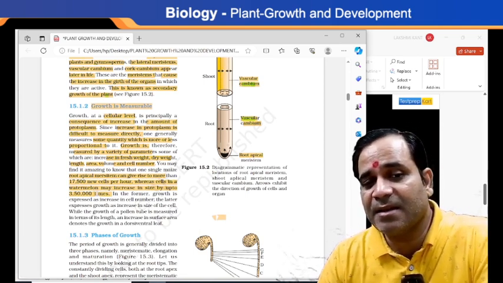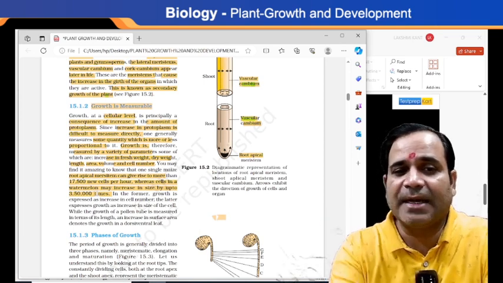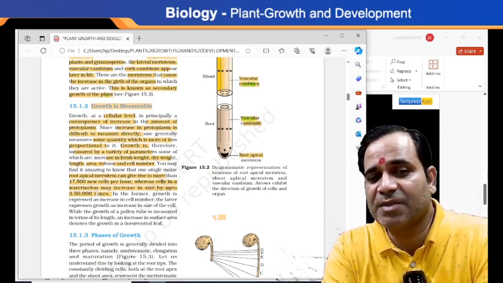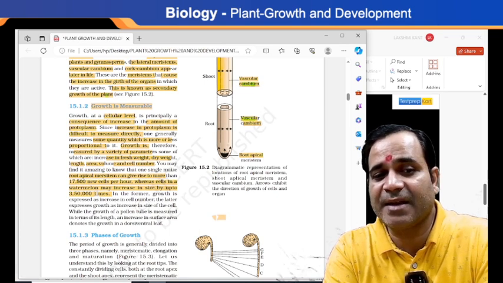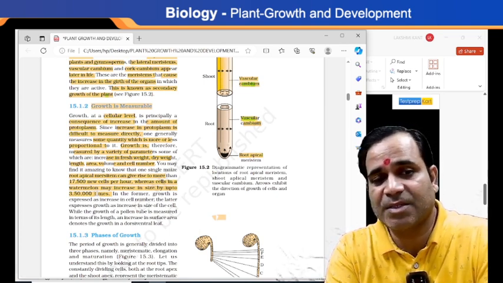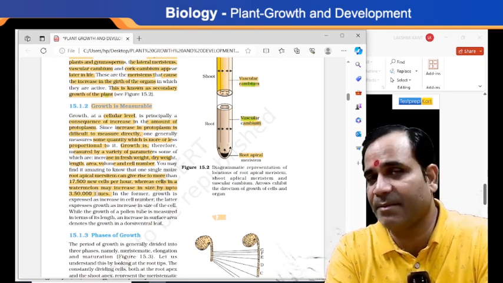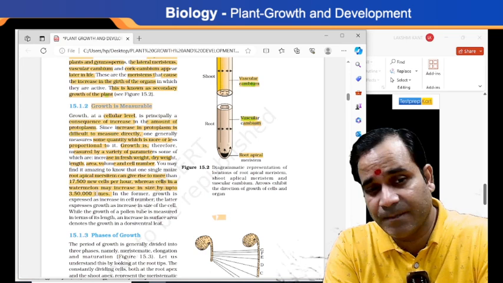This is an NCERT line which is very important to know. All these things have to be studied, because this is growth in a measurable form.